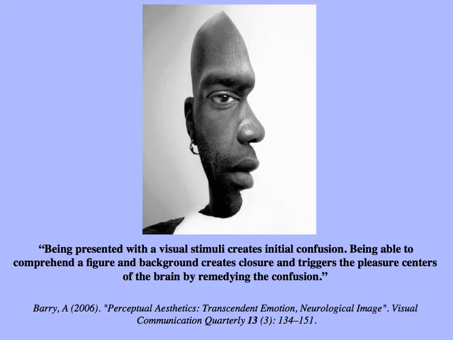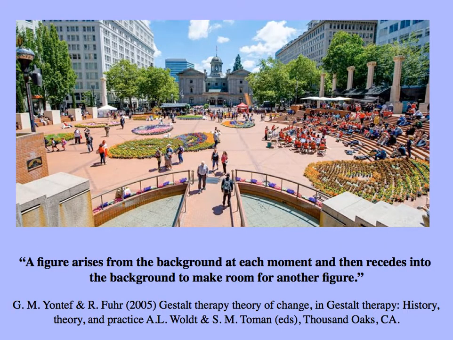Evolutionarily, that would make sense. We feel better when we really do make sense of something. And in this image, it's almost made to make us feel confused, right? Because we keep shuttling between his profile and him looking straight at me. But we are working to make sense of the images we're seeing and create strong figures against background.